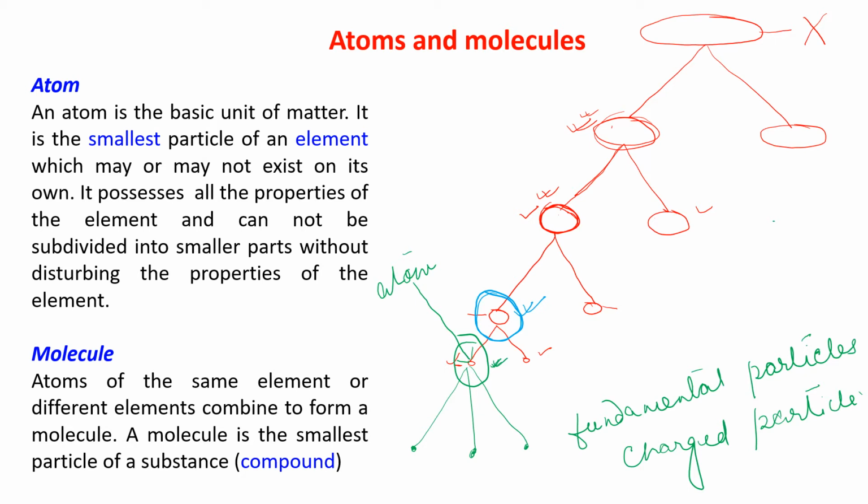Now you can understand that this part of the element is now made up of 2 atoms. It can be 3 atoms also, it can be 4 atoms also. Okay, this part is also possessing all the properties of the element X, and this can exist independently. This is known as molecule.